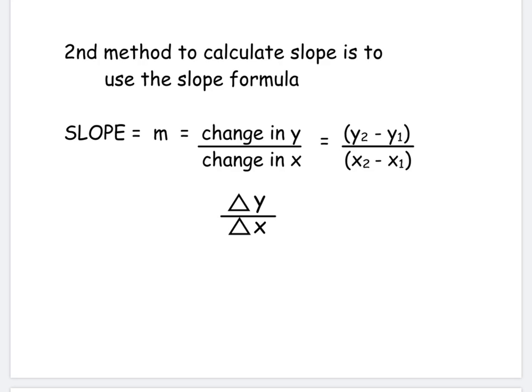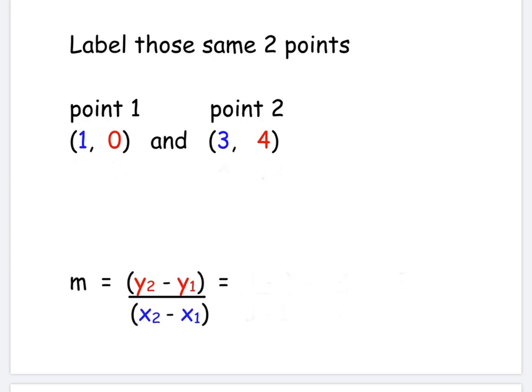So let's take a look at an example using the slope formula. If we're looking at this, we have 2 points. Point 1 is 1, 0, and point 2 is 3, 4. The first thing I want to do is label my points, with x1, y1, and x2, y2.